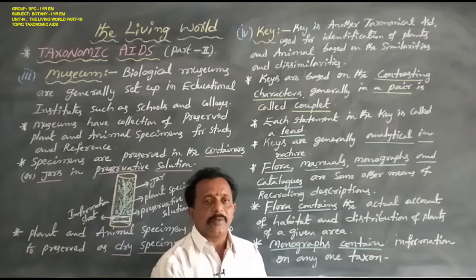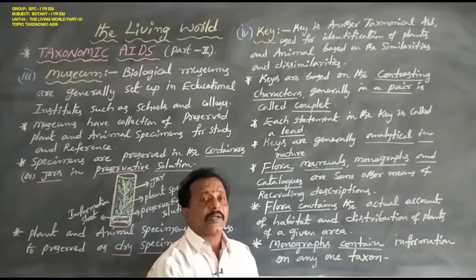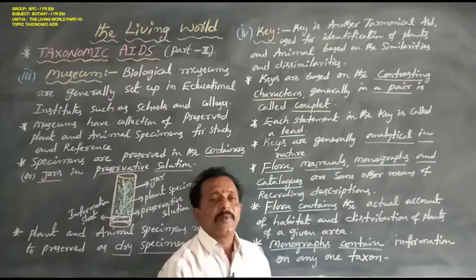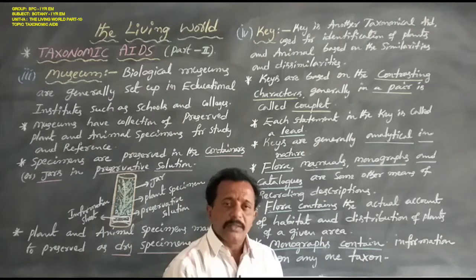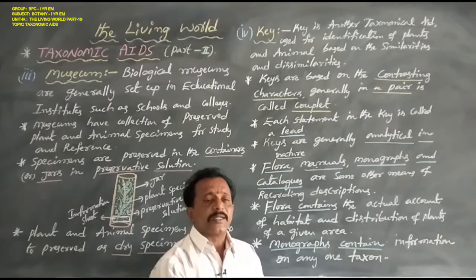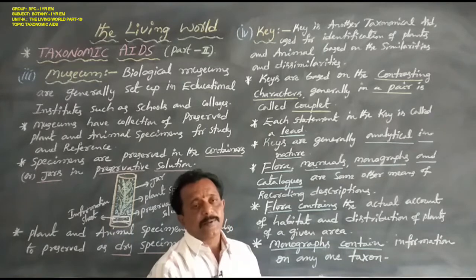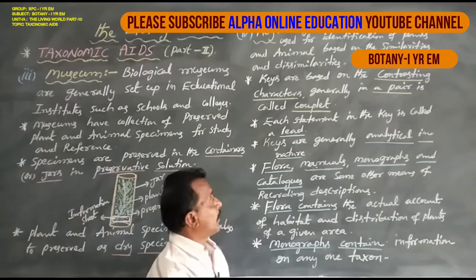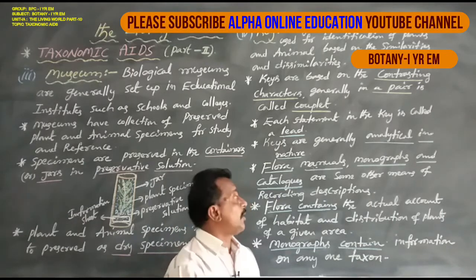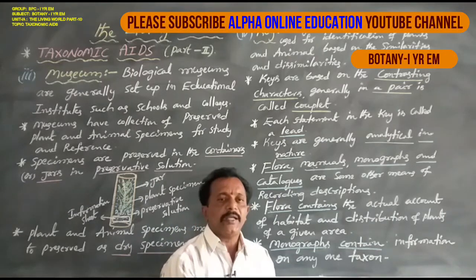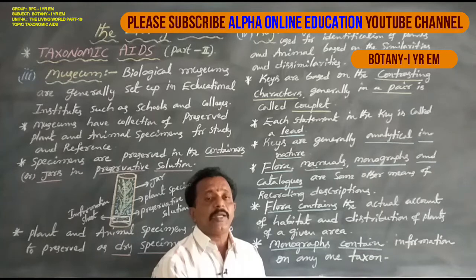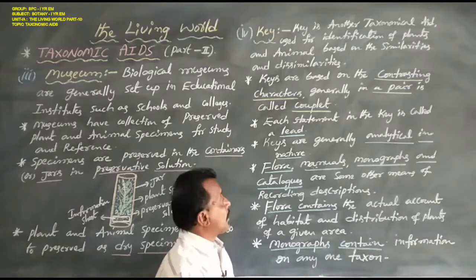For example, botany practical information, botany practical instruments, zoology practical instruments, physics practical instruments, chemistry practical instruments and other instruments. Any instrument information, any practical instrument information is available in the catalogs.